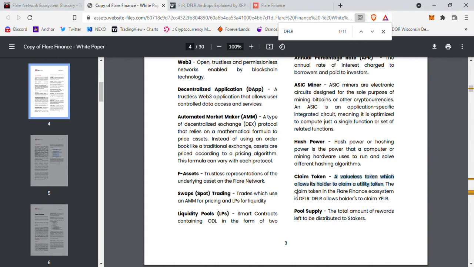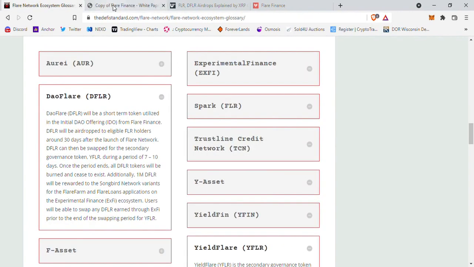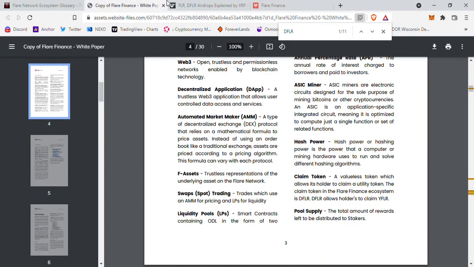The claim token in the Flare Finance ecosystem is DFlare. DFlare allows holders to claim YFlare. It is a claim token because it's being used to claim the utility token YFlare. So it is a valueless token. It has absolutely no value in terms of money, but it gives you the ability to claim YFlare, which does have value.